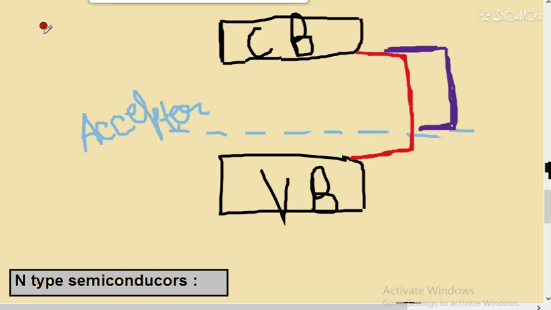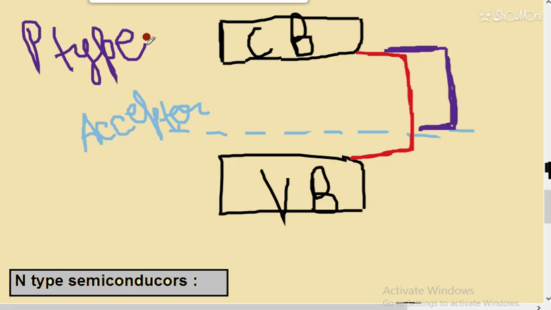When asked to draw the energy level diagram for a p-type semiconductor, you have to draw this diagram: valence band, conduction band, and acceptor energy level. I will take you to my notes also after some time. Okay. So this is the acceptor energy level.